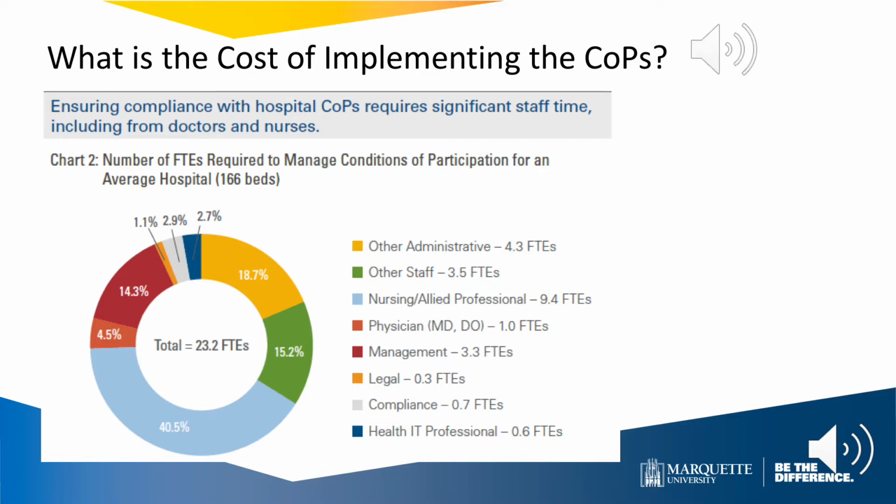This looks at the number of FTEs that a hospital is required to have in place to make sure they can meet the minimum standards of the conditions of participation. As you can see from this graphic, it has an average of approximately 23 different full-time employees per facility in order to manage the process associated with maintaining the conditions of participation.